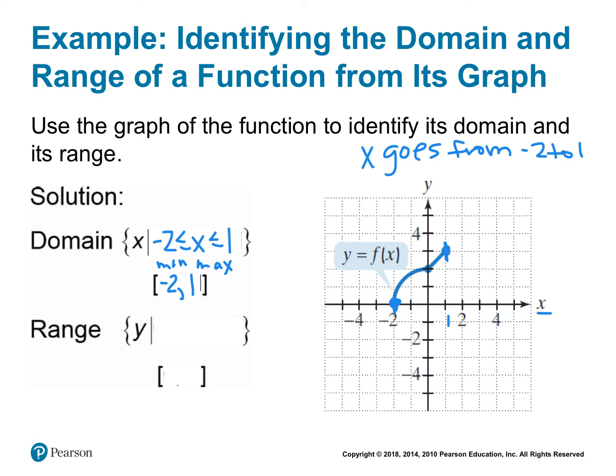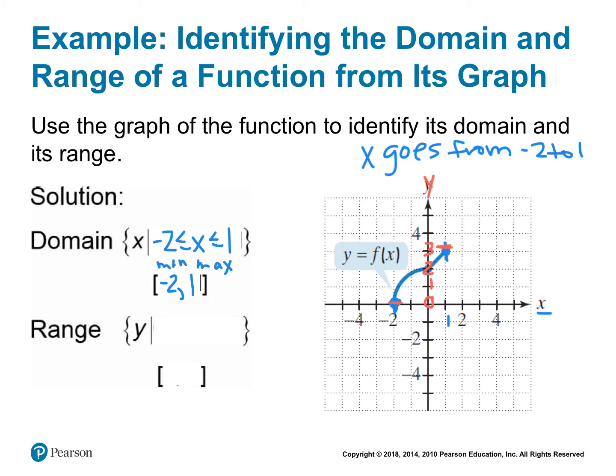In the range, we want to know what are the lowest and highest y values. So if we look, on the y-axis it goes from here up to here. So on the y-axis, this is 0, 1, 2, 3.